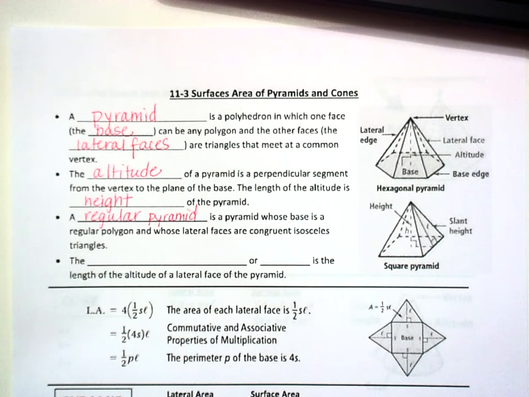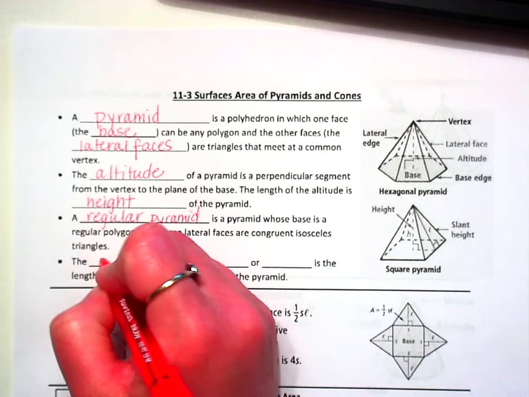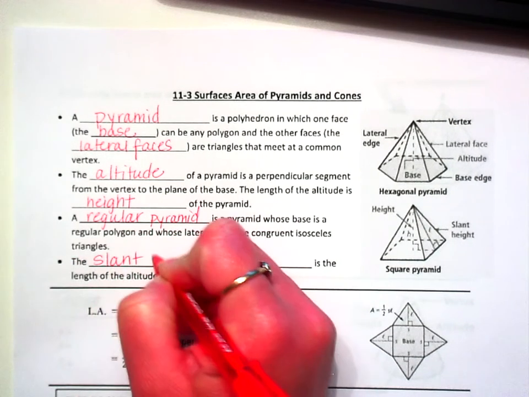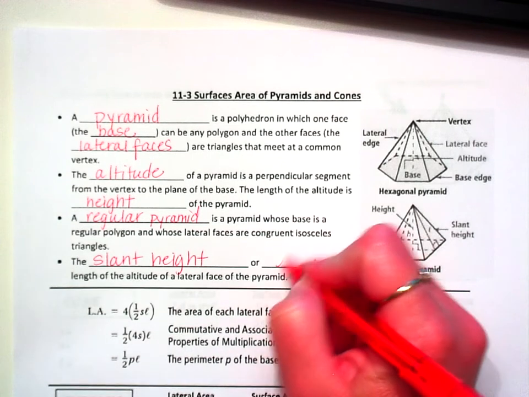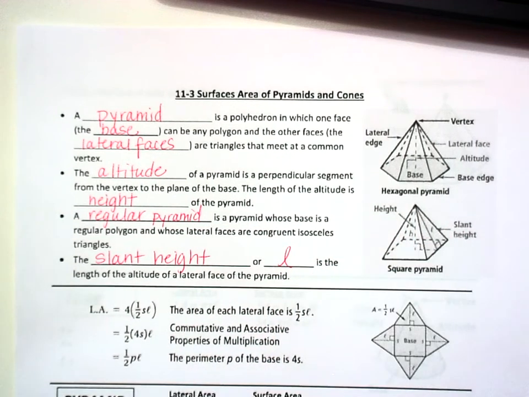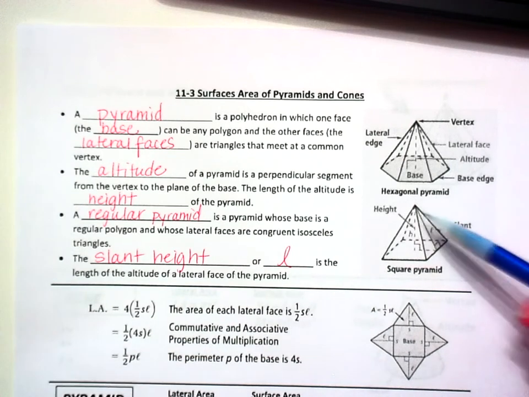Okay. We also have something called a slant height. Okay, the slant height, which we abbreviate with an L for some reason, is the length of the altitude of a lateral face, or the length of the height of a lateral face. So remember, these triangles are our lateral faces.